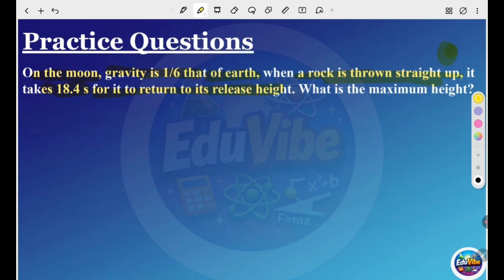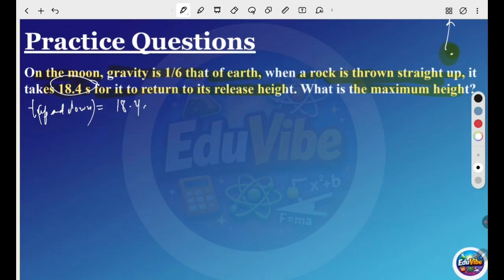So we throw the rock upwards and it takes 18.4 seconds to come back. You have to calculate the maximum height it goes up. This means that 18.4 seconds is the total time, up and down. So it's 18.4 seconds.